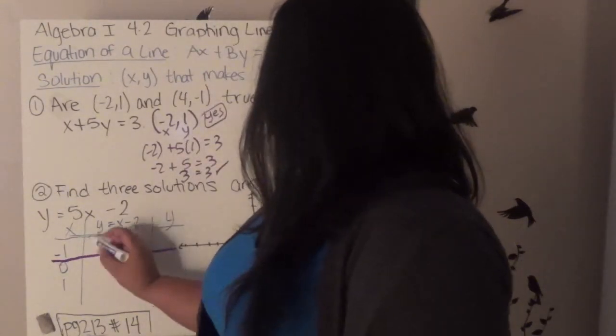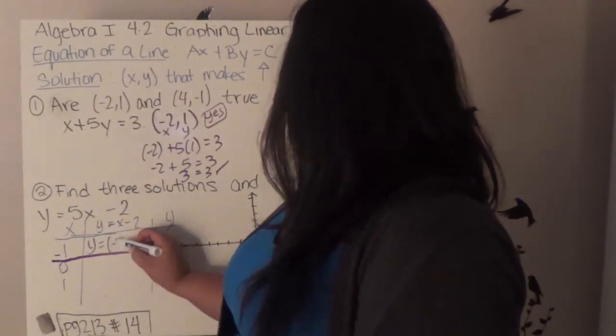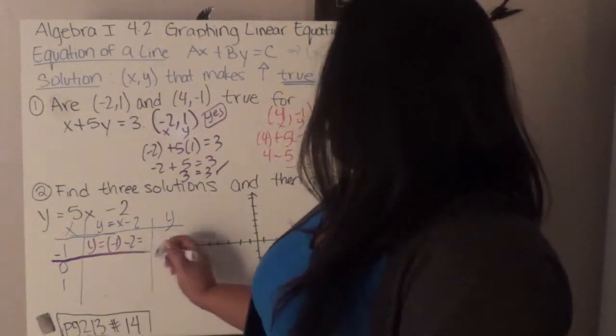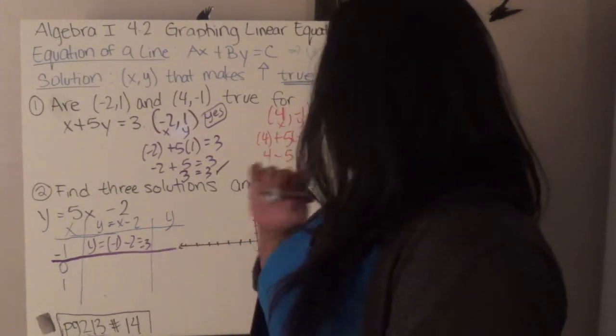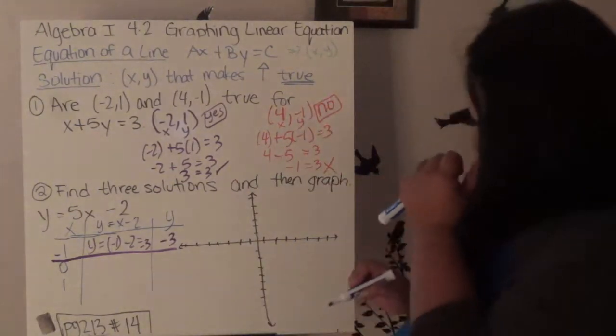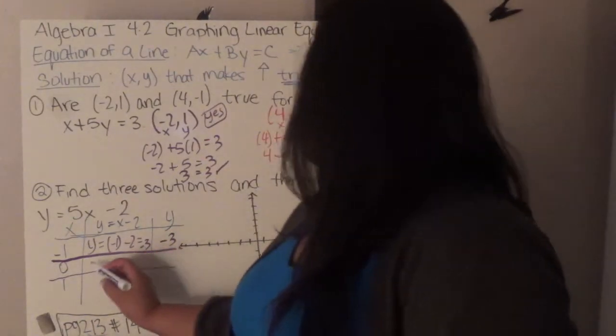I'm plugging into the equation. I don't have a y, but I did find my x, so negative 1, minus 2. Negative 1 minus 2 is negative 3. So my y equals negative 3. I'm going to do the same thing with the next number.